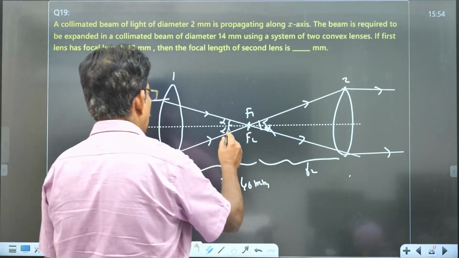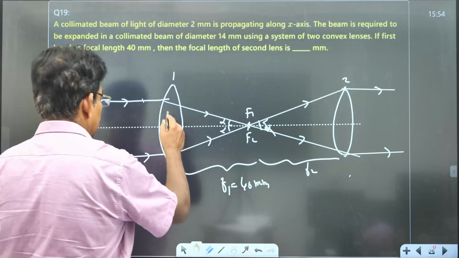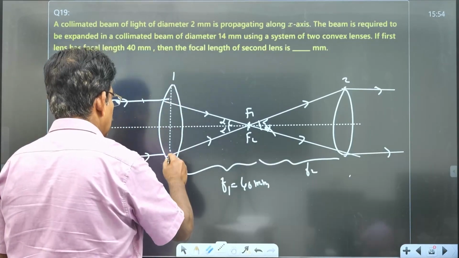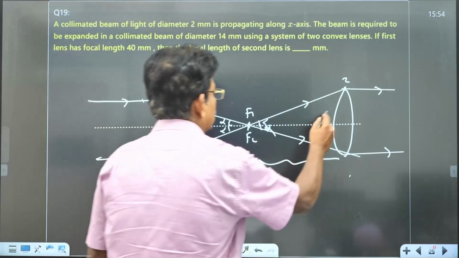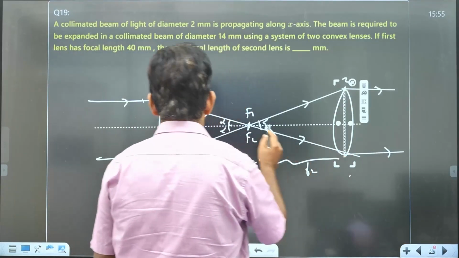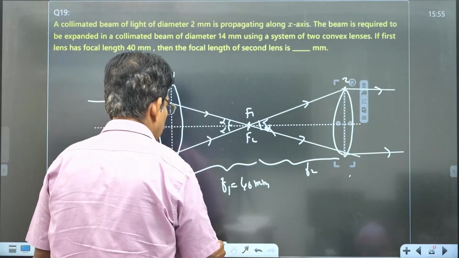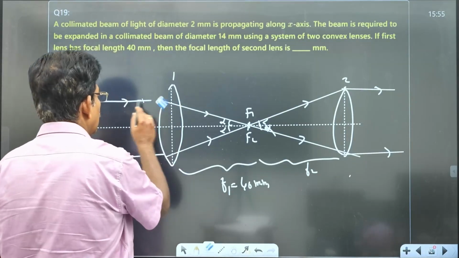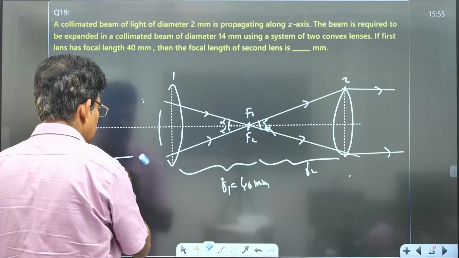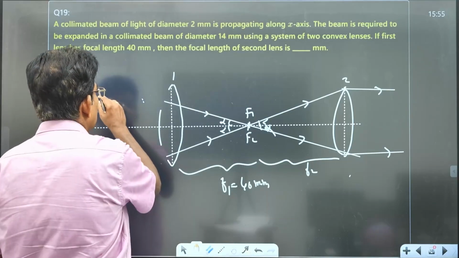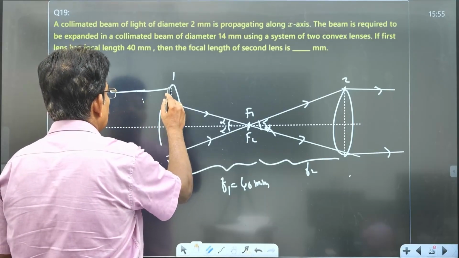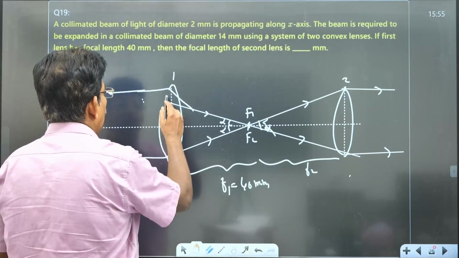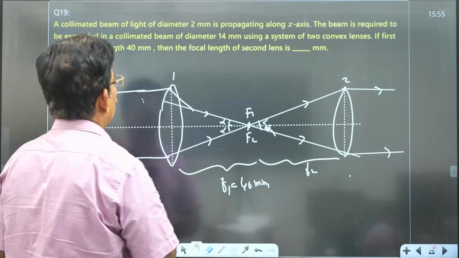This is also alpha. For the first triangle, we have to draw it here. So the diameter is how much? 2 millimeter.